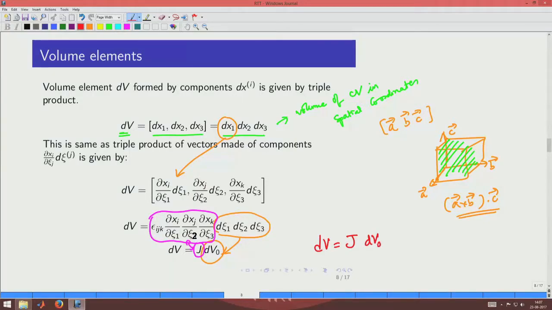We now have one more meaning for the Jacobian. Earlier we said the Jacobian is the determinant of the coordinate transformation from the spatial to the advected coordinate system, and we are now also saying that it is the factor by which the volume element in the spatial coordinate system is related to the moving one, which is defined as constant with respect to time.